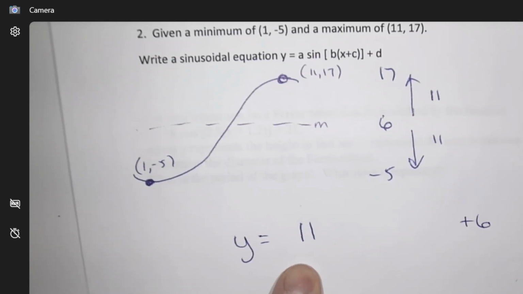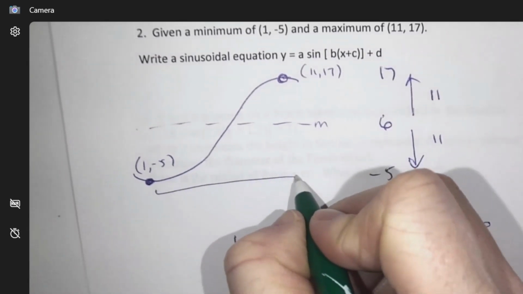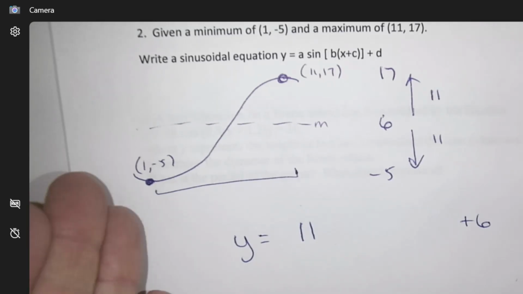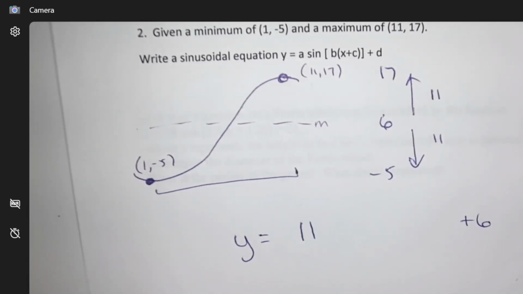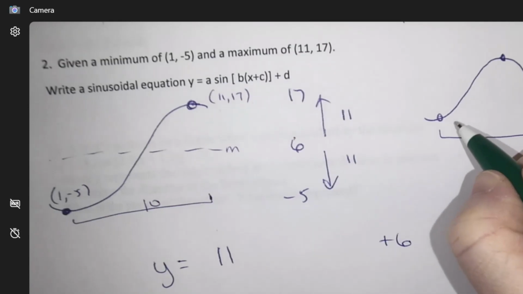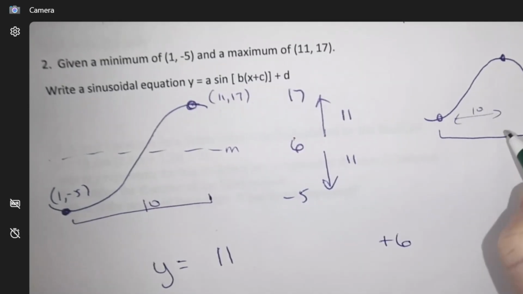Now let's talk about the period of this. How much have I distanced the x here? From this coordinate to this coordinate, they have gone 10. That is not a complete period. So this would be a whole period. If this was 10 apart, the period would be 20.